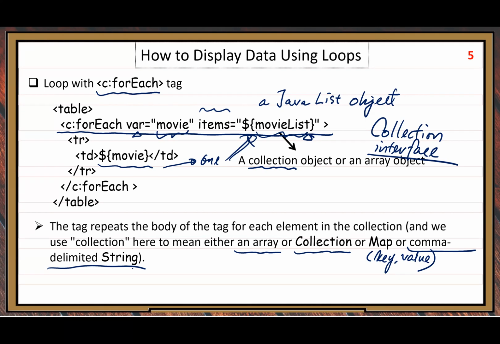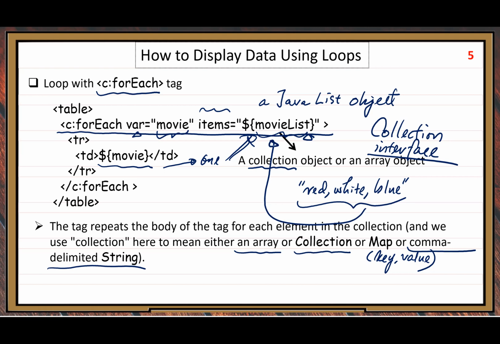For example, you have a string: red, comma, white, comma, blue. If the value is this string, you can use it here.